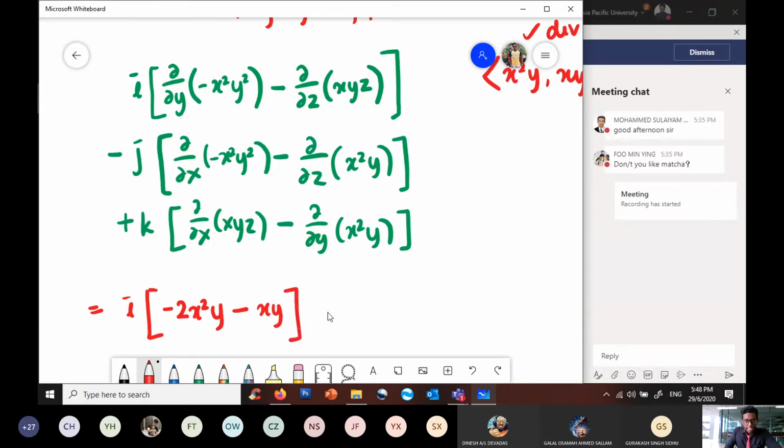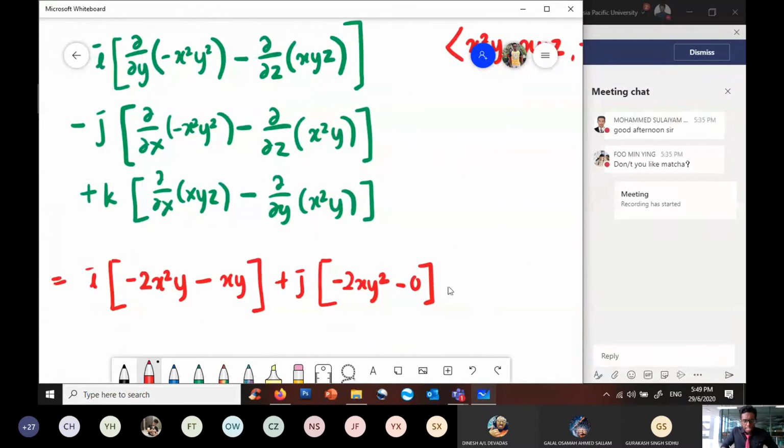Okay, close. Next, plus j. The j part, again, differentiating this with respect to x, I'm going to get negative 2xy square. Differentiating this with respect to z, there's not even a z there, so it's just 0. And the third component, I have a plus k.